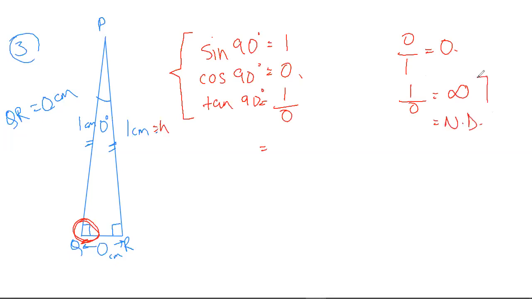Either of these two values is fine as the answer to 1 divided by 0, but 1 divided by 0 being 1 or 0 is completely wrong. I would advise you to write not defined, but either not defined or infinity will be okay. So either of these values you can write for tan 90.